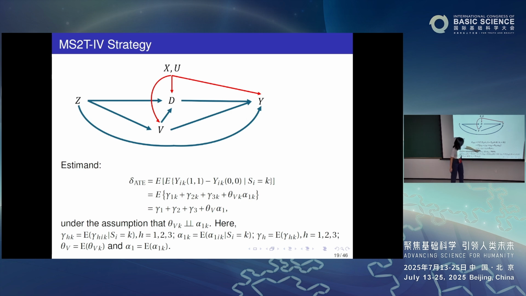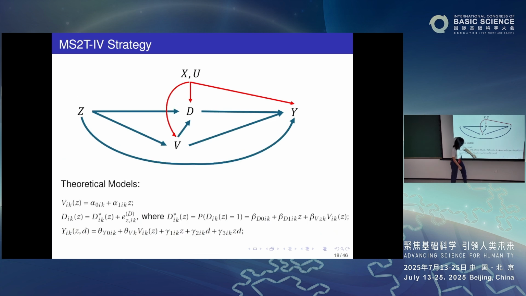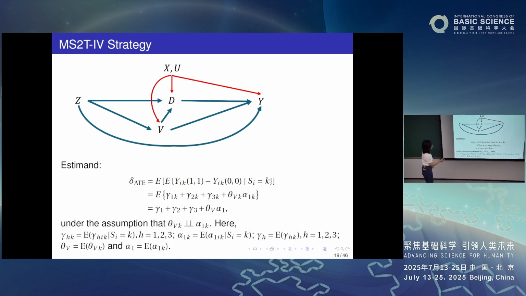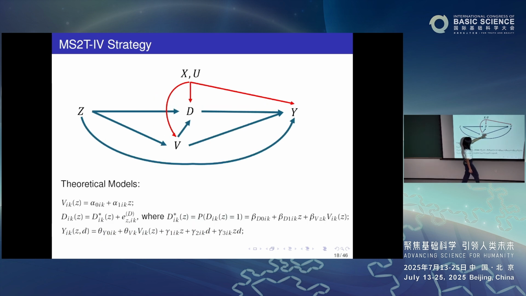So this is essentially the average of the parameter gamma 1 here, plus the average of gamma 2, plus the average of gamma 3, then plus the average of V's impact on Y times the average impact of C on V. Essentially, this is those pathways, 1, 2, 3, and 4.